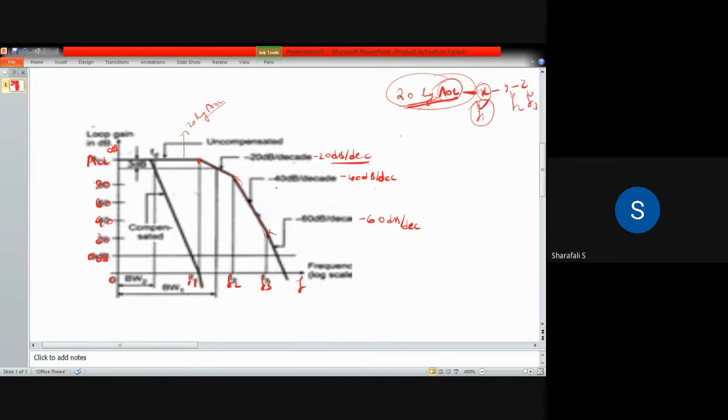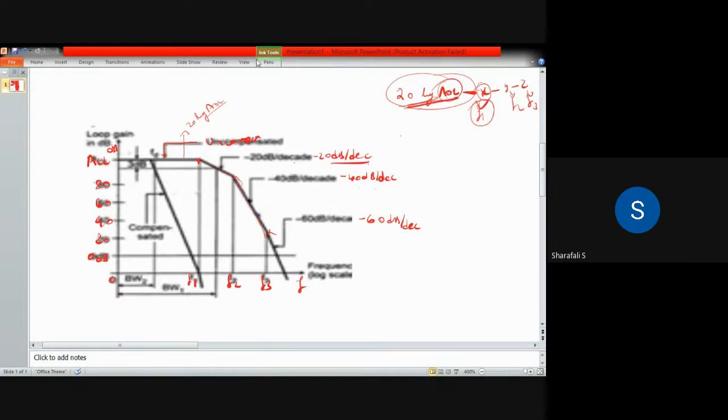Okay, so that is what you can observe here, and this one is uncompensated, corresponding to the uncompensated frequency response of the uncompensated circuit.